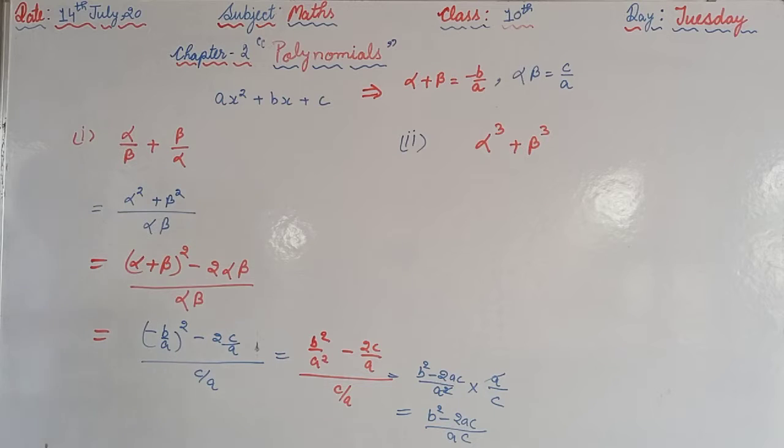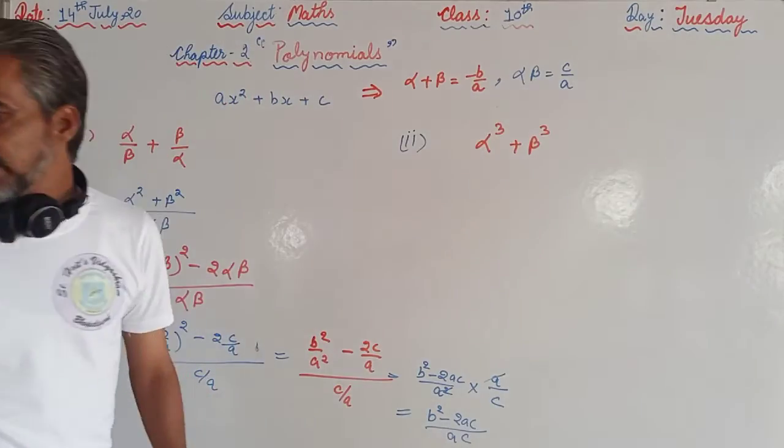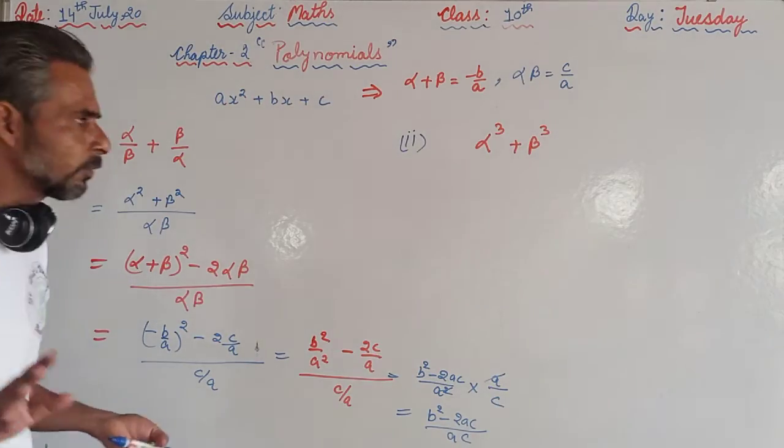How to calculate that? I hope that you have understood that the answer is b square minus 2ac upon ac. Now the second one, this side. This side I will give you the hint only, afterwards you are supposed to solve.